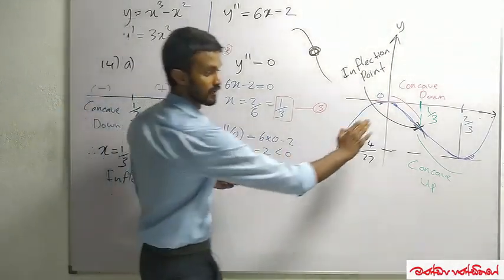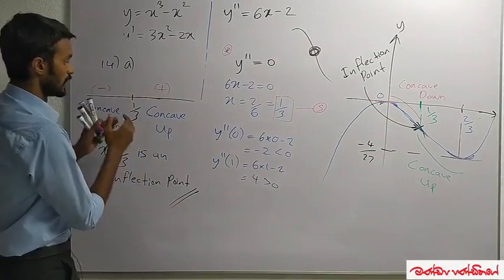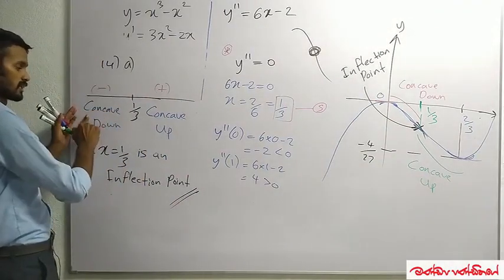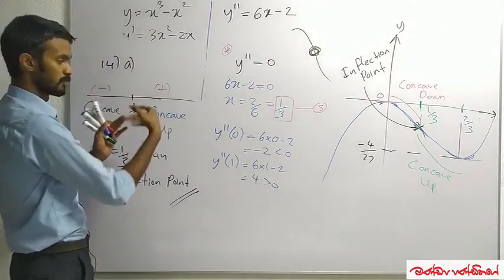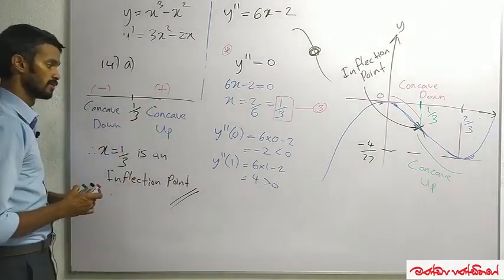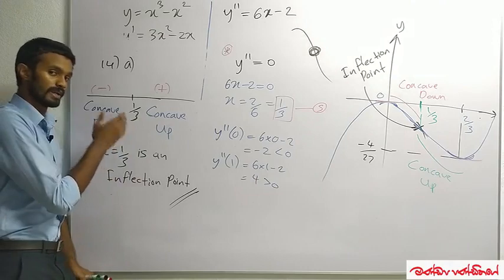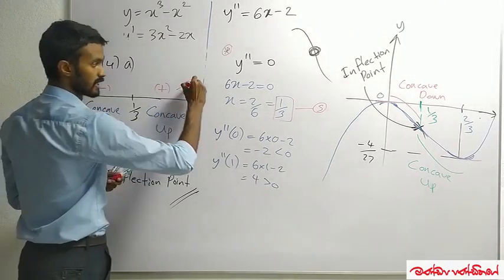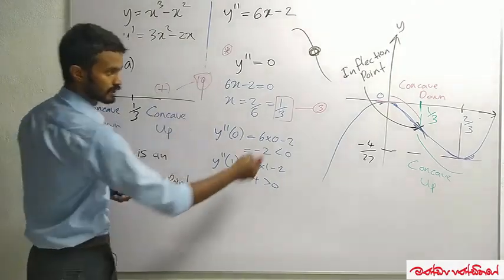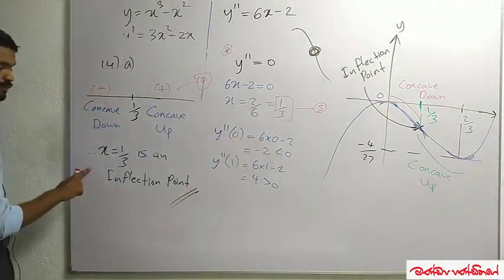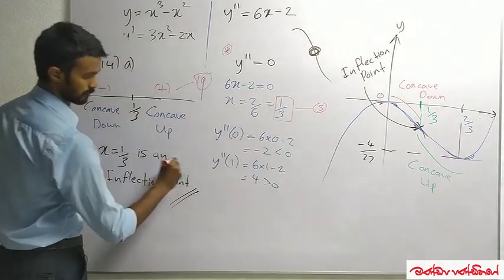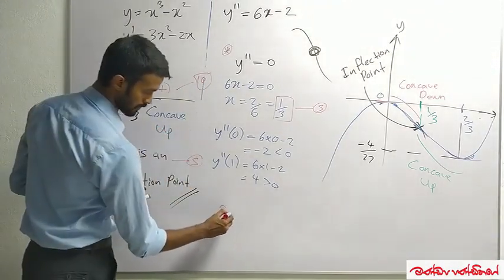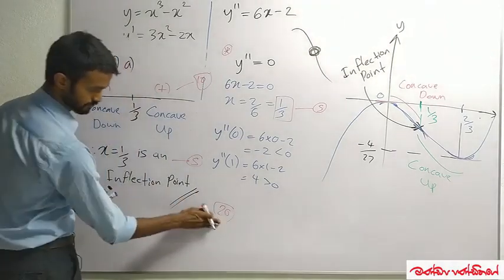So it is clear, before this point it is concave down, which means a negative second derivative. After this point is a positive second derivative, which means concave up. So at this point the concavity has changed. For this one we get 10 marks, for this one 10 marks, this one 5, and writing "therefore x equals 1 over 3 is an inflection point" we get another 5. So we have got 20 for this part.